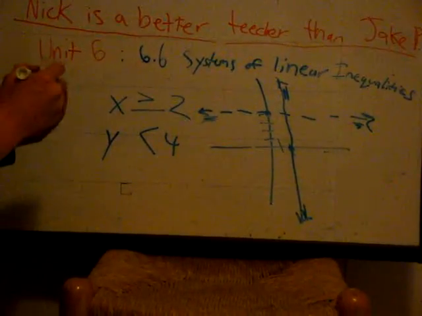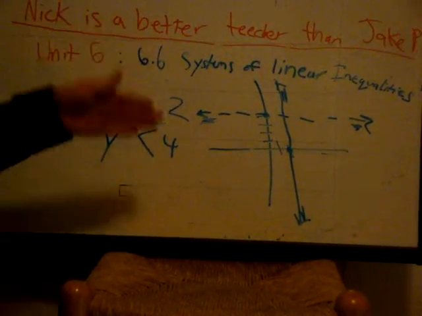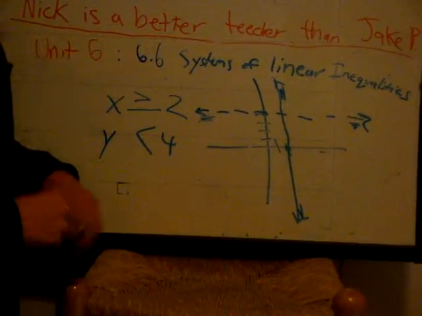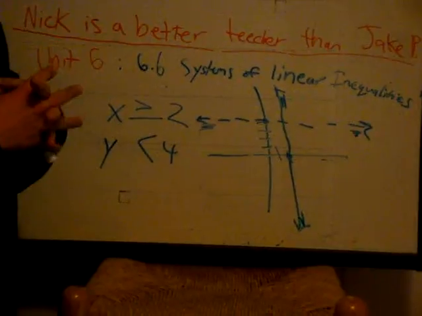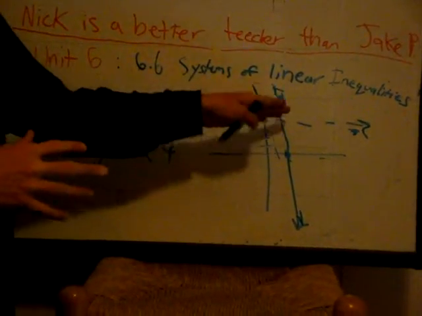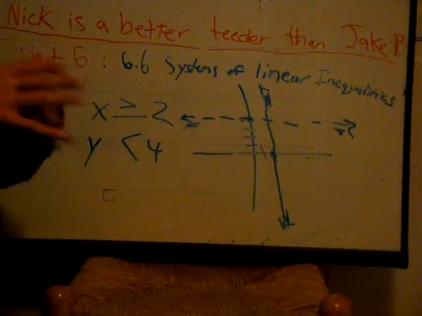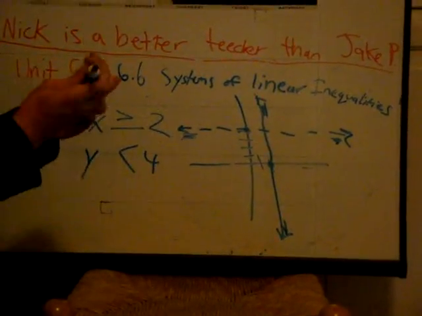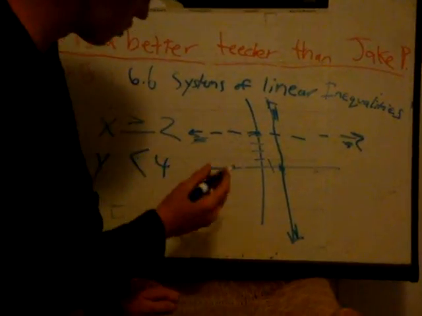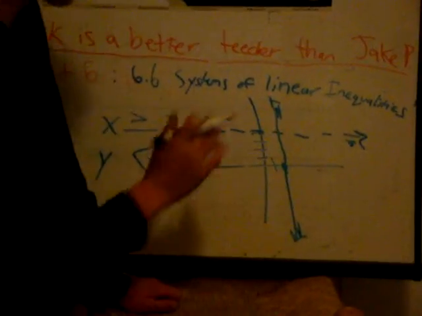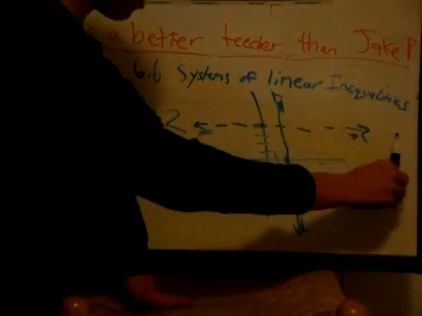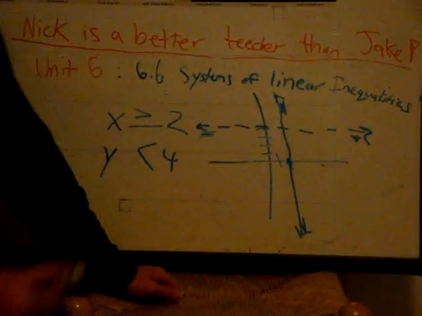And now, with systems of linear inequalities, what we're going to do is shade where they both meet. Like we only shade the part where they would both be shaded. I know that doesn't make much sense, but I'm going to show you. You see how for this line, we would shade down, and for this one, we'd shade that way. So let's compromise.